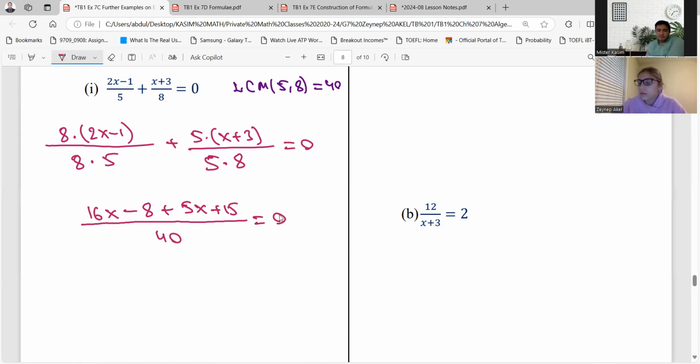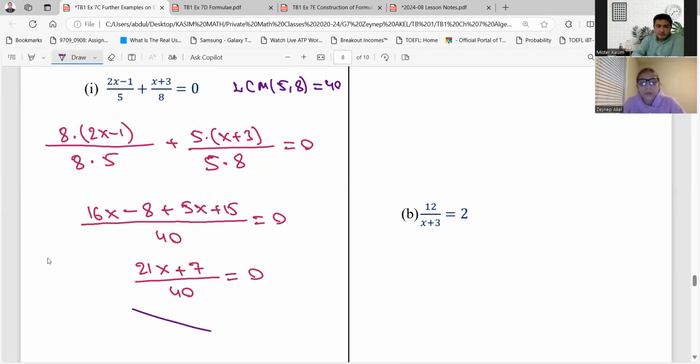What is 16x plus 5x? 21x. That's it. We learned this, right? It is 21x. Negative 8 plus 15 is 7. So plus 7 over 40 is equal to 0.